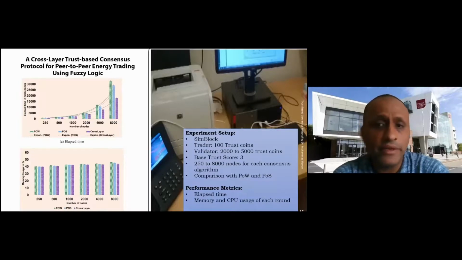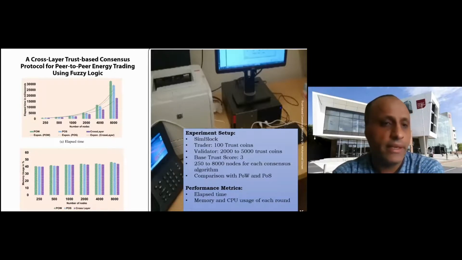The rate of increase of the elapsed time is almost exponential for proof of work and proof of stake. For our algorithms, it can be observed that the rate of increase is not as exponential as it is for proof of work and proof of stake algorithms.